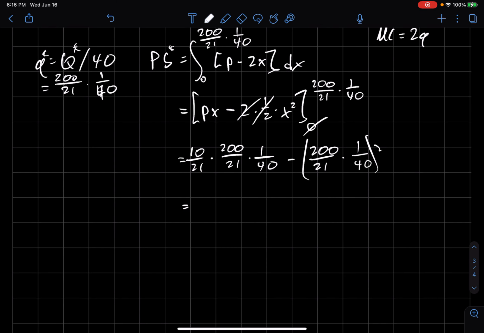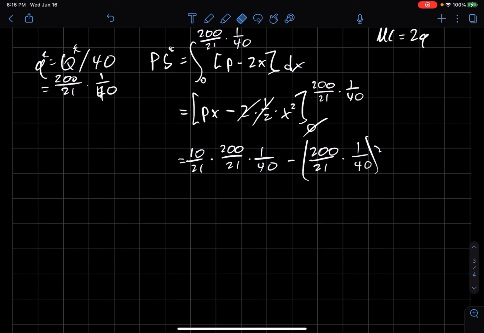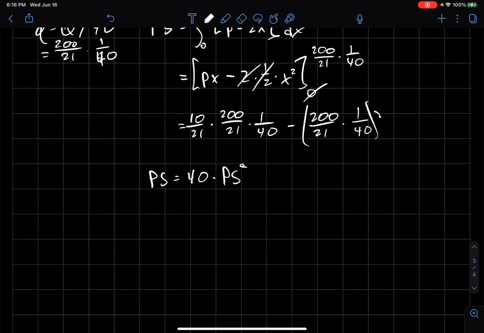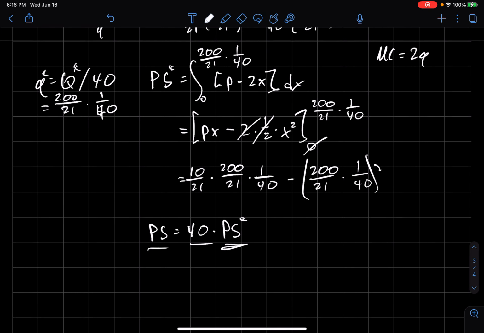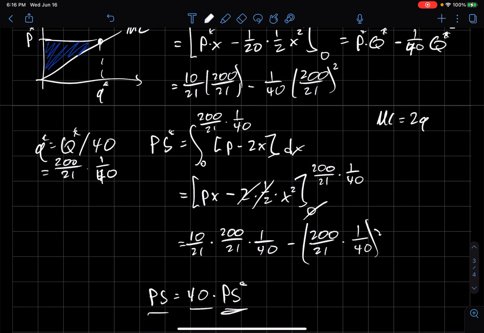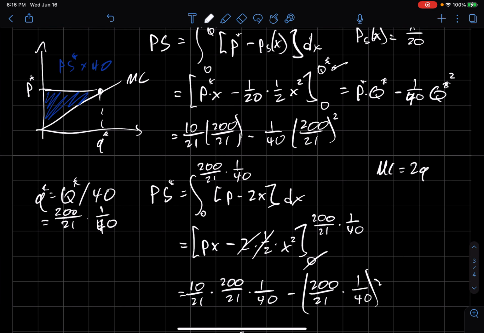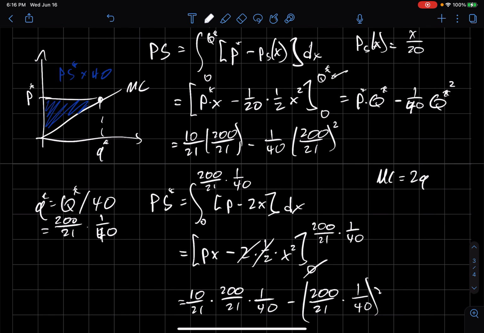So let's compare this. So we say PS is equal to 40 times PS star. This starred is the producer surplus for the firm. We multiply by 40. We should get the producer surplus for the market. I'm doing this live, so I may have to check my math.